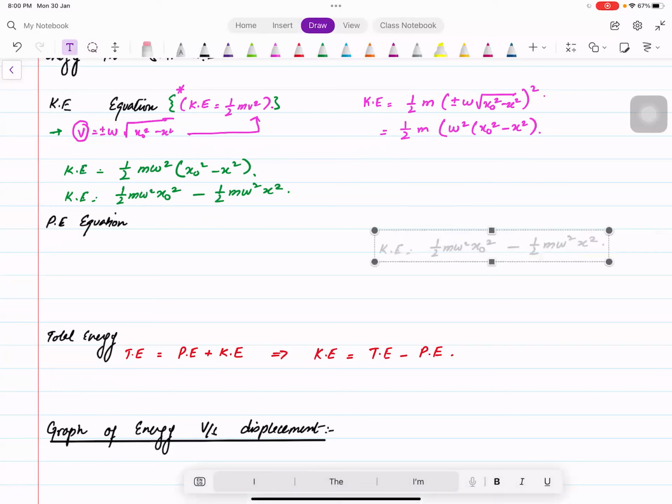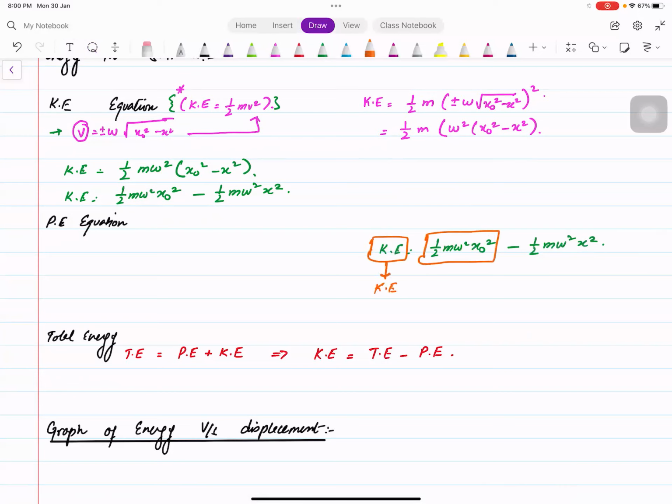In this equation, this section tells you about kinetic energy. This section tells you about total energy, minus this section, which tells you about potential energy. Do you understand?